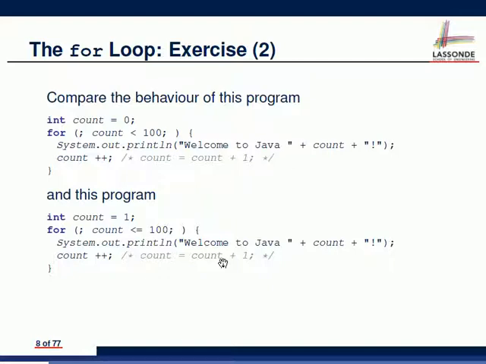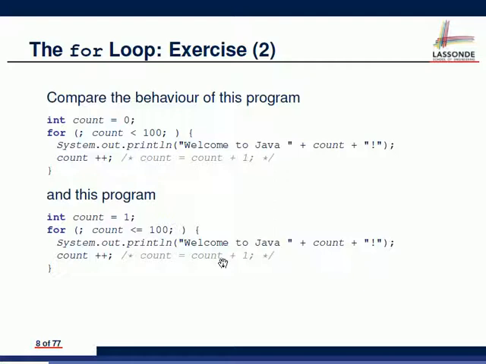Each one will run exactly 100 times, by doing the same analysis I just did for the previous example. But now, since the counter value is going to be different, for the first loop, count will be 0, 1, 2, 3, 4, up to 99. And for the second one, it's going to be 1, 2, 3, 4, up to 100. So even though both of them will run exactly 100 times and print out exactly 100 lines, the lines will be different.